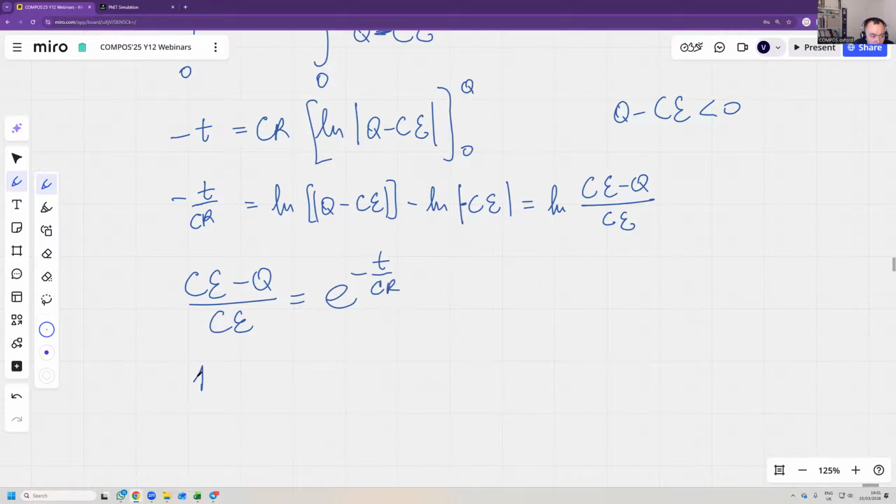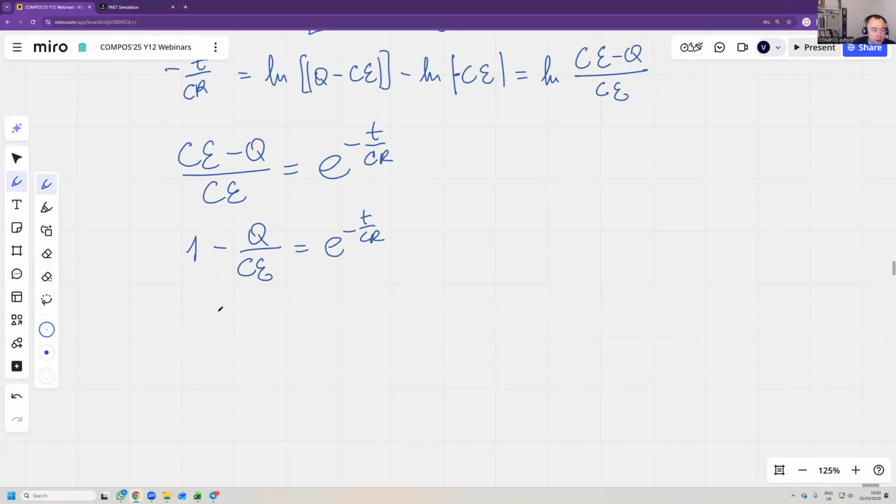And this is going to be 1 minus Q over C EMF is equal to e to the minus t over CR. 1 minus e to the minus t over CR times C EMF, and that's equal to Q of t.